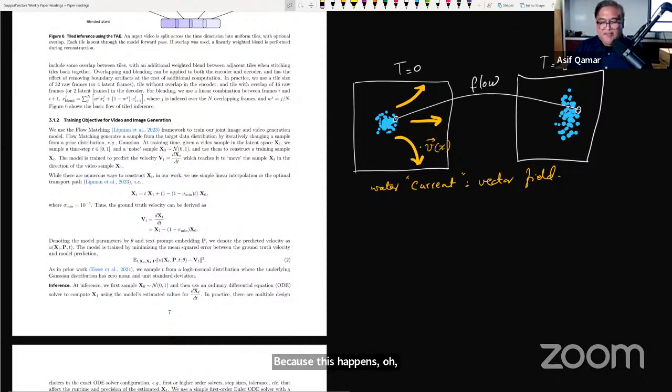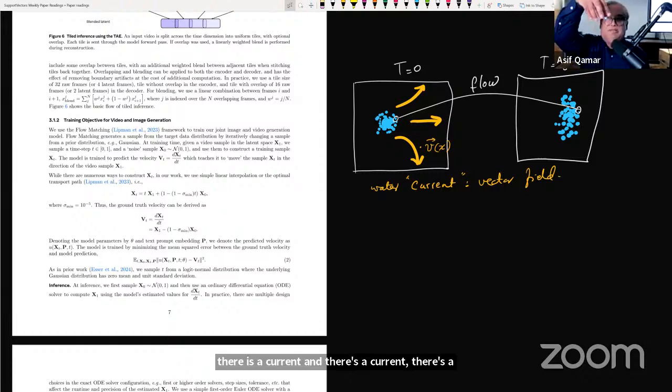So this is it. The way to think about vector flows is a very physical intuition: in a flowing stream of water, there is a current, a velocity of water at each point. If you drop a bit of ink, like this blue ink, it will flow over time.